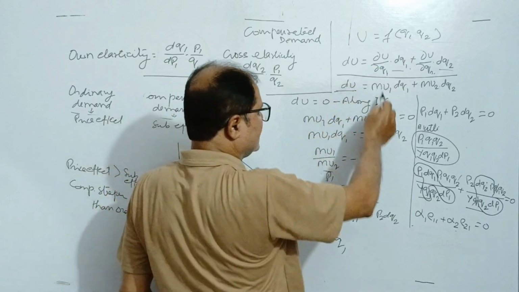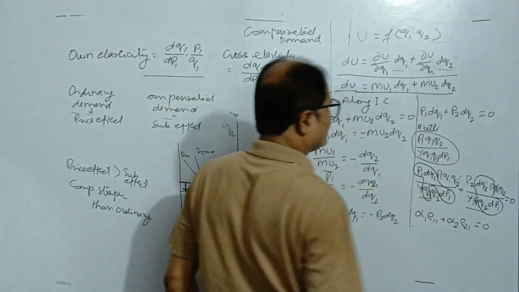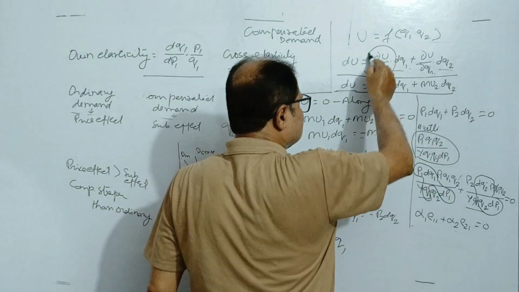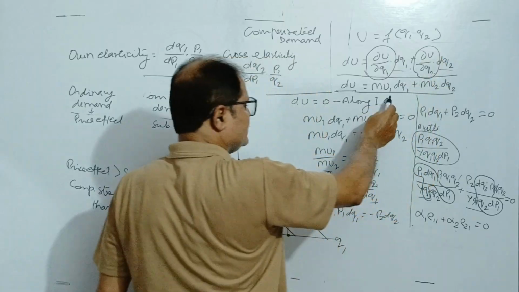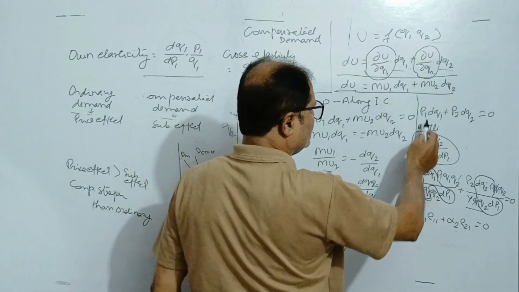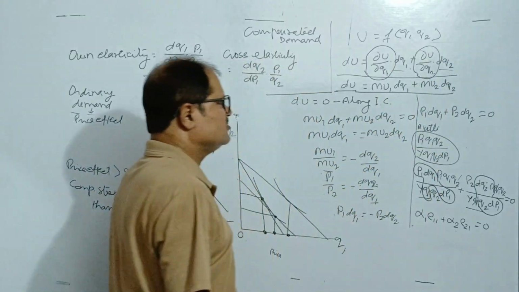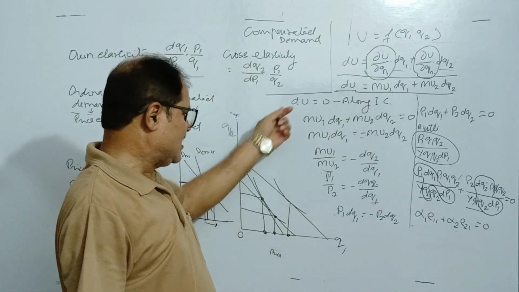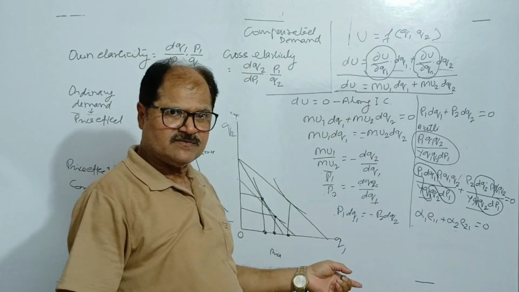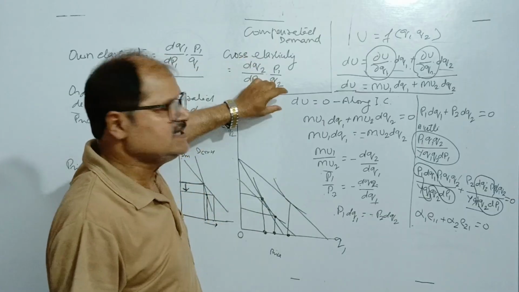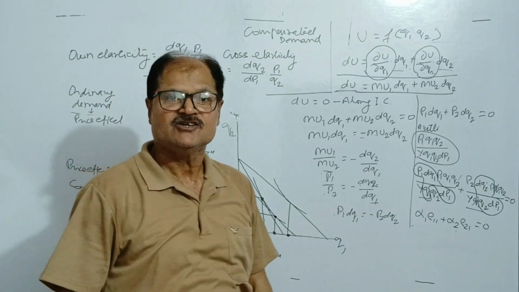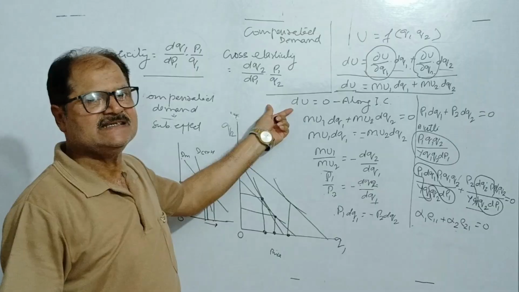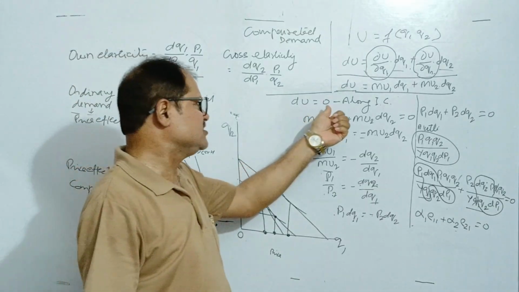This expression can also be written as this, where these have been replaced respectively by marginal utility of Q1 and marginal utility of the second one. Since along a particular indifference curve, total utility remains constant, there is no change in utility, so du is equal to 0.